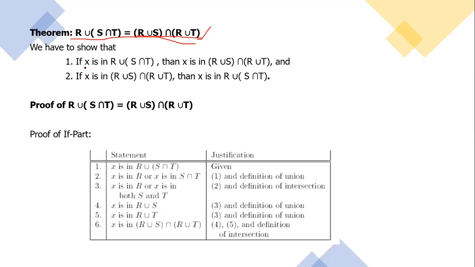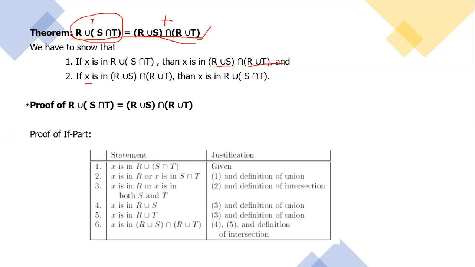We have to show that if X is one of the elements in the left hand side, then X is in the right hand side also. If I show that the element X present here is present there also, then I can say both the things are equal. Otherwise, if I take one element from the right hand side and show the same thing in the left hand side also, then I can say both the left hand side and right hand side are equal.